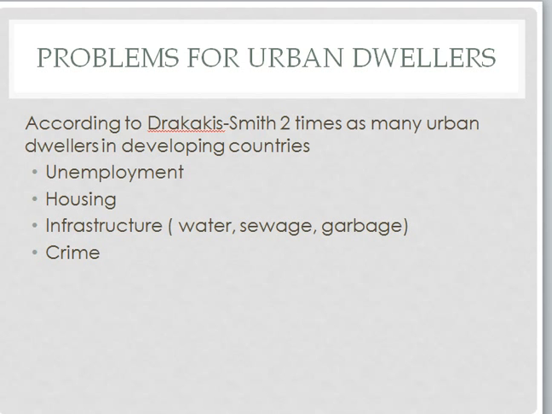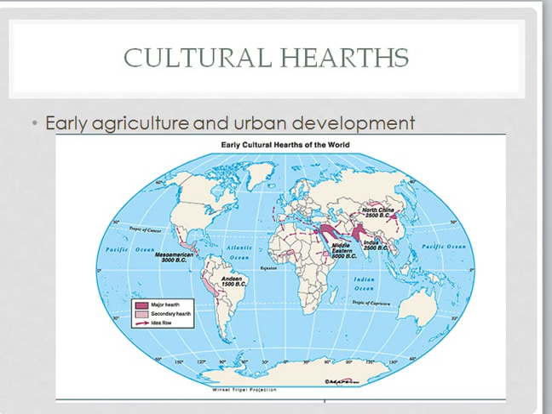There's unemployment, there's a lack of housing, and then there's a lack of infrastructure, water, sewage, garbage. And so when people live on the fringes, you also get higher crime rates in some of these areas. So we have cities that have the least development, the least resources, experiencing the most growth, and therefore some of the bigger problems.